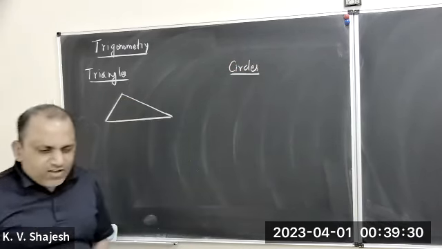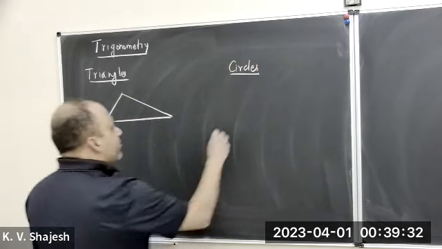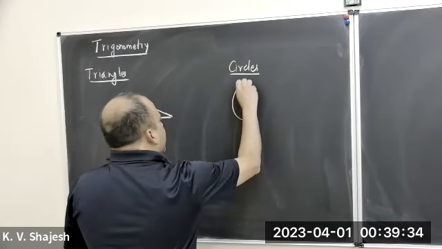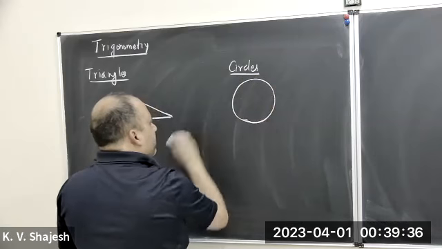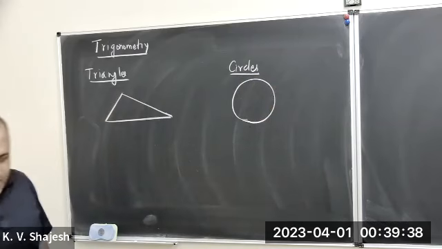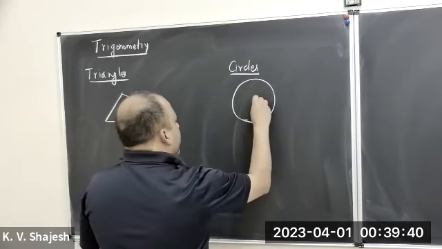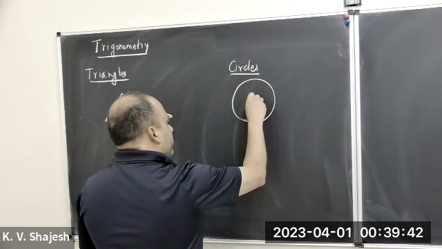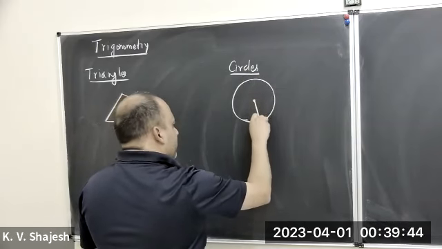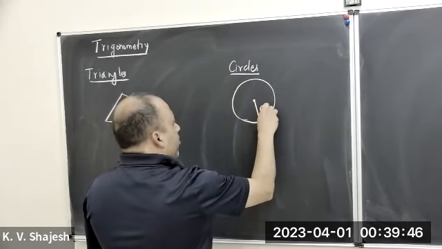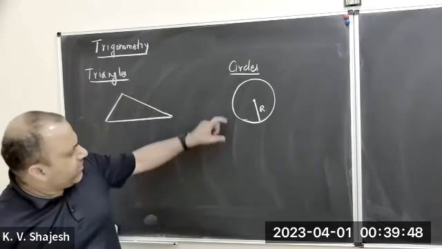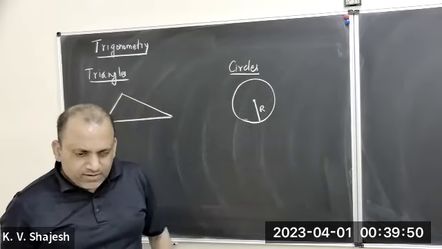Let's think of these two geometries in particular. That's a circle and that's a triangle. The basic idea of a circle is that you start from a point and think of all points that are equidistant from that point.